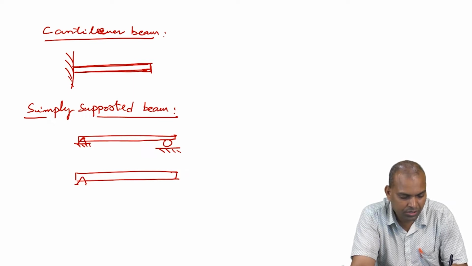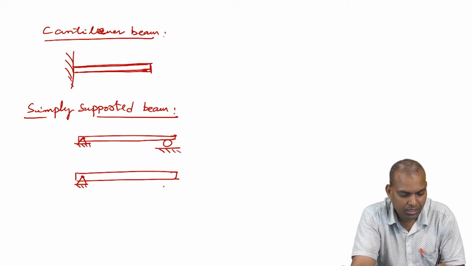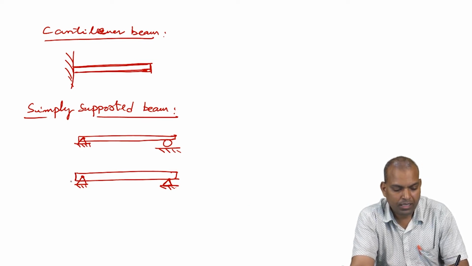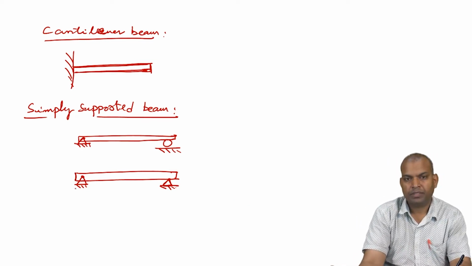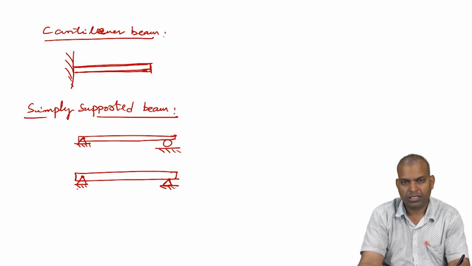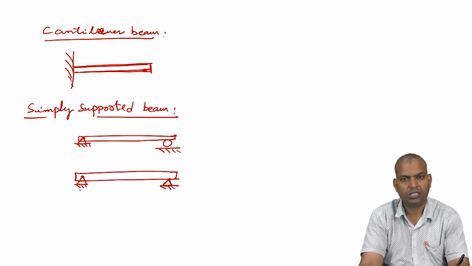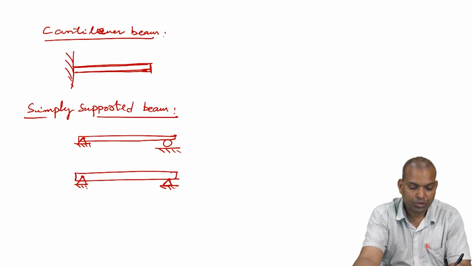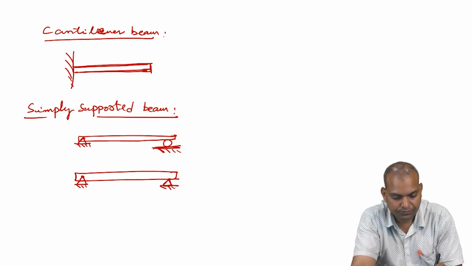One end is a hinged support and the other is a knife edge support. Again, the cross section of the beam can be circular, square, rectangular, I section, C section, H section or Z section, but the supports are as described.